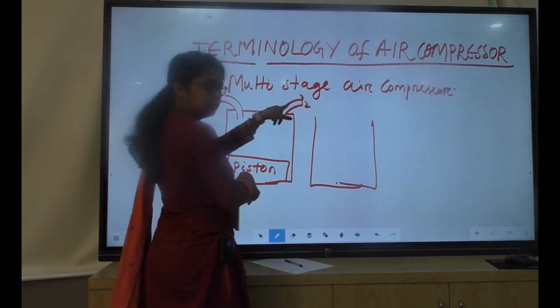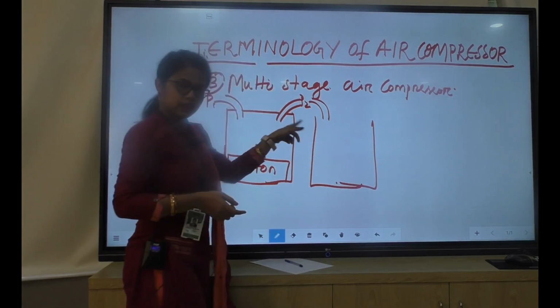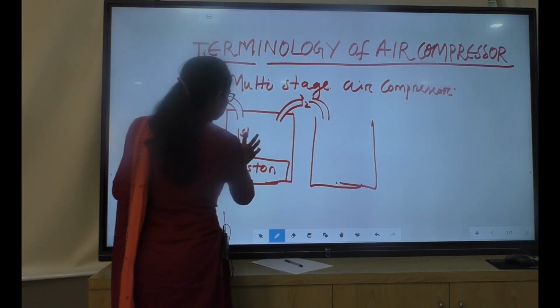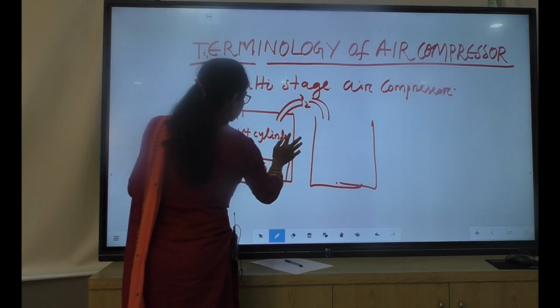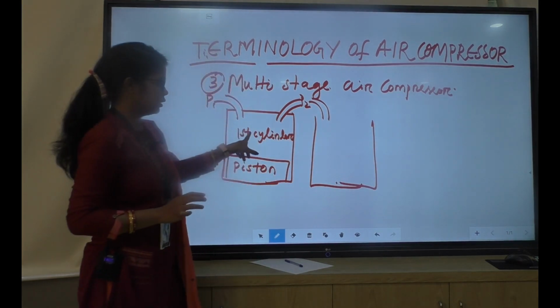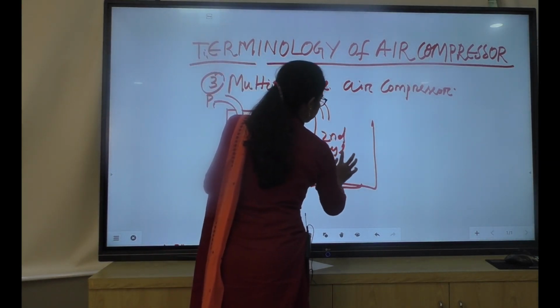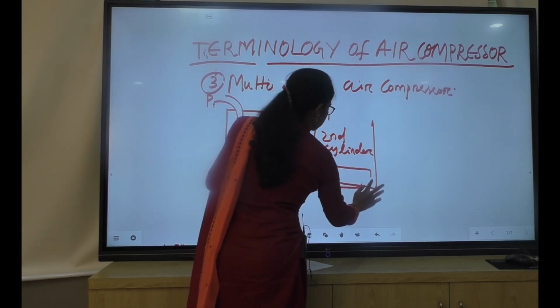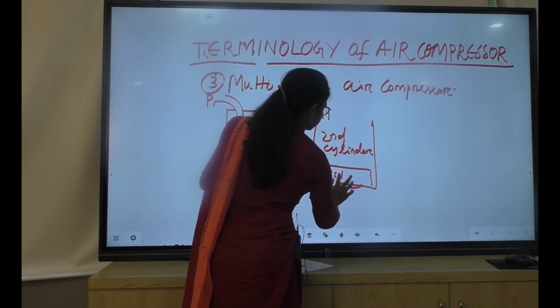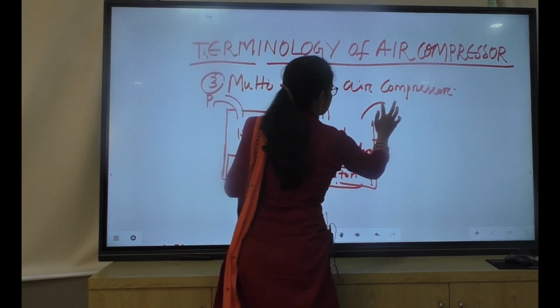Clear? And this P2 pressure is entering into the second cylinder. This is the first cylinder and this is the second cylinder. Also in the second cylinder another piston is there. Okay. So here the outlet.